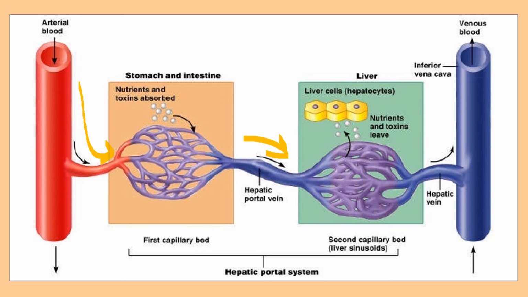And so lots of plants and fungi, for example, make poisons to protect themselves, to prevent them from being eaten by mammals. And should we ingest a poison, our livers can often modify that substance so that it's no longer toxic to us. So our livers take up some of the newly absorbed nutrients for storage and detoxifies any potential poisons that we have ingested. So after we pass through capillary bed number 2, then we rejoin regular venous circulation, and that blood goes right to the heart.